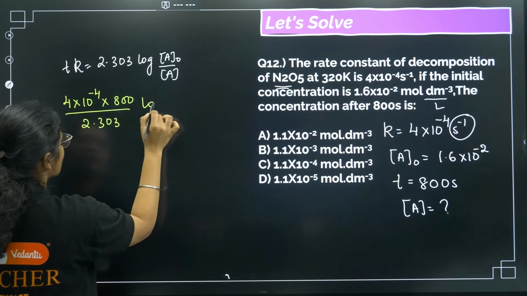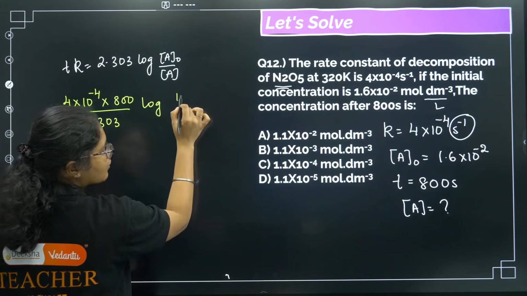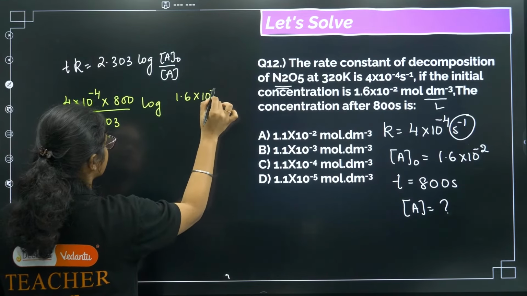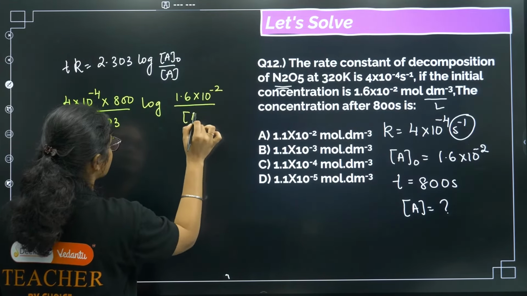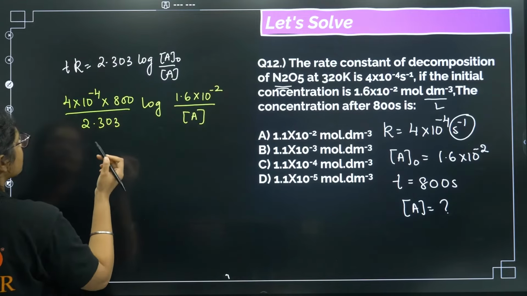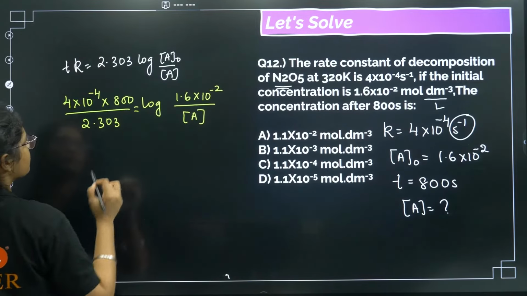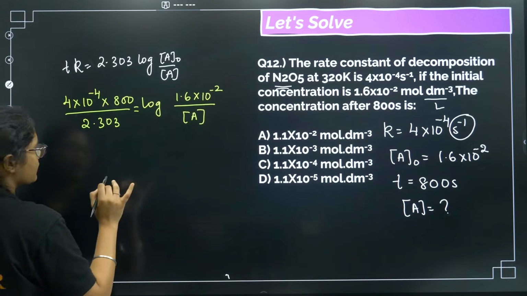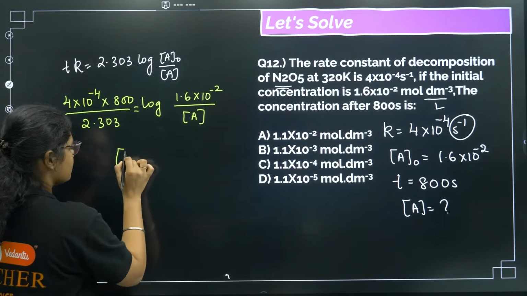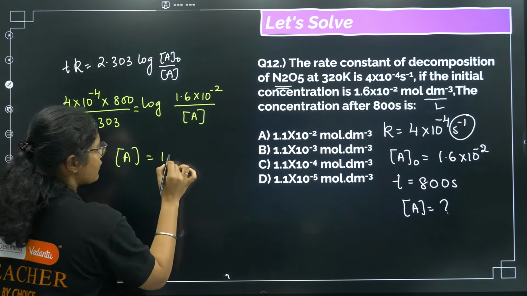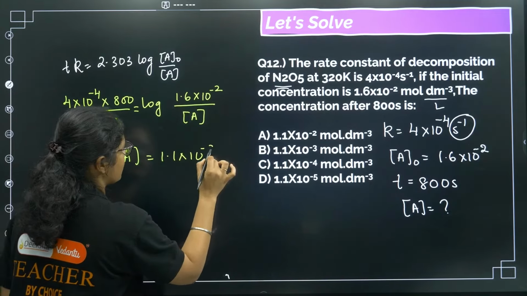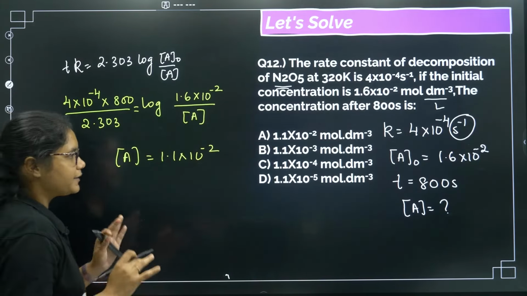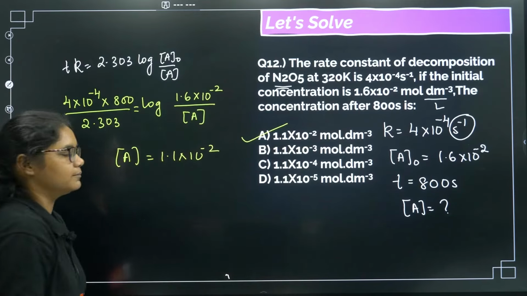Then log of A0, whose value is 1.6 into 10 to the power of minus 2, divided by A. Now if you solve this, you can calculate the value of A and you will get around 1.1 into 10 to the power of minus 2. So the correct answer for this question will be option number A.